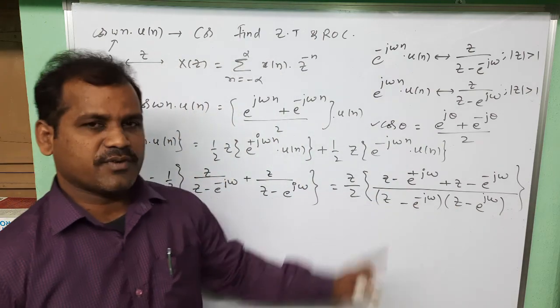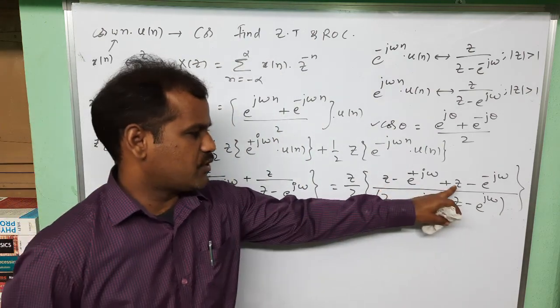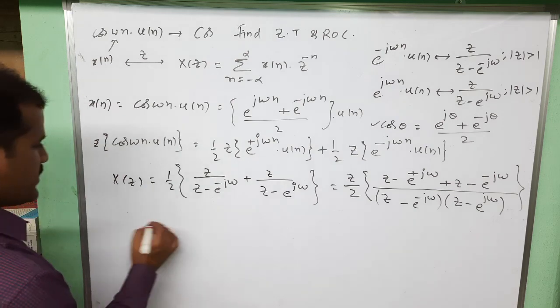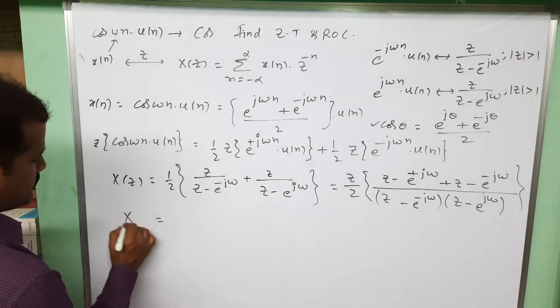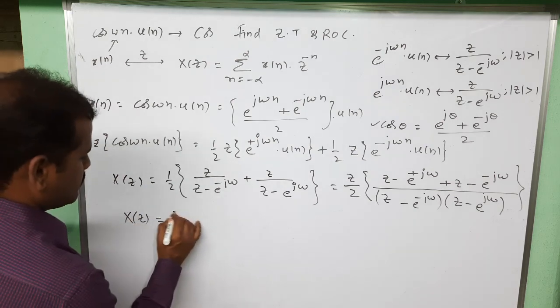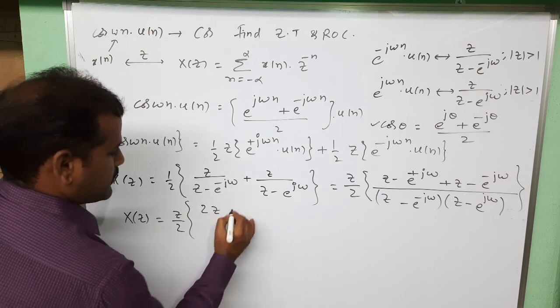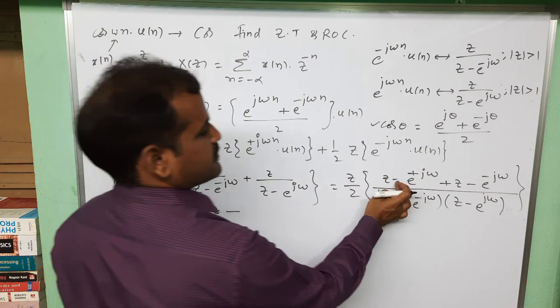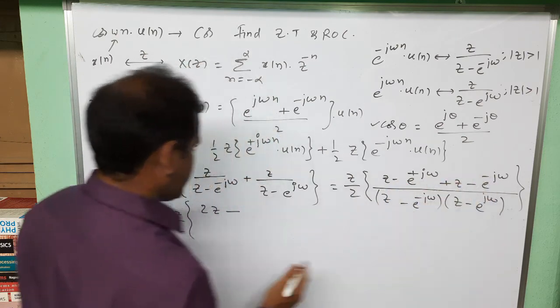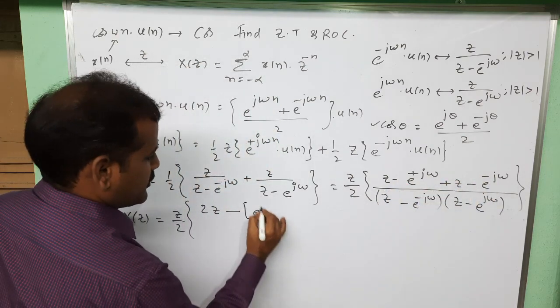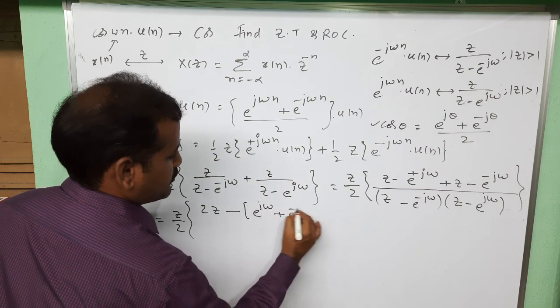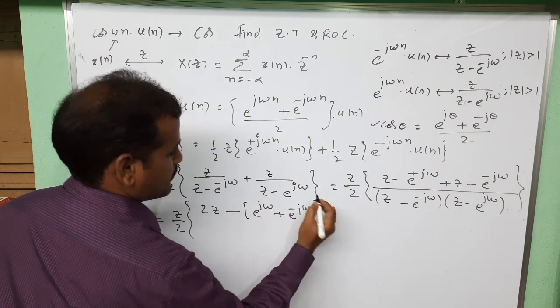Let us simplify this one further. Here both are plus z, that's why 2z will come here. That means z by 2, times 2z minus, this is minus, so we can take minus common and write it as e to the power of j omega plus e to the power of minus j omega.